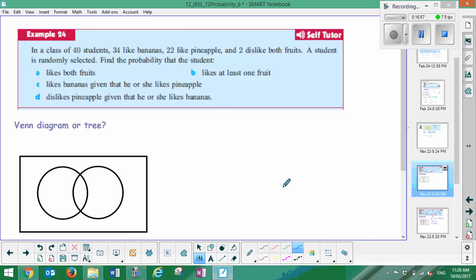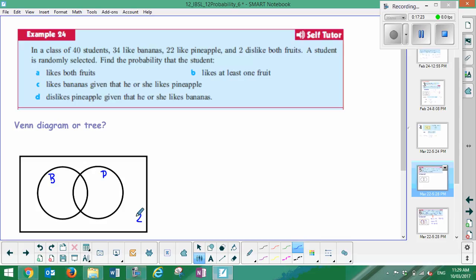Let's look at this example. We've got a class of 40 students, 32 like bananas, 22 like pineapples, and 2 dislike both fruits. They dislike both, so it means we've got 2 people out here. A student is randomly selected. We need to work out if there is an overlap.